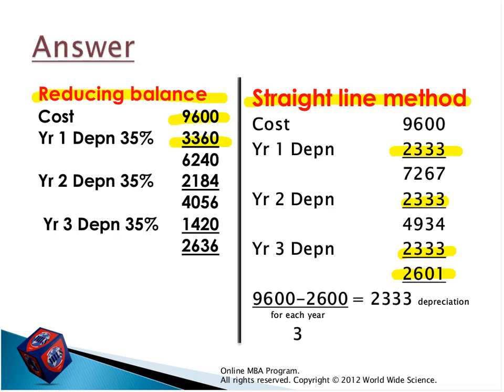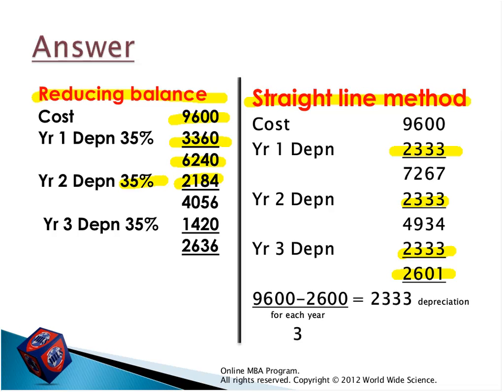Then 9,600 minus 3,360, you'll get 6,240, which is the book value, right? From this amount, you have to make a calculation for the second year depreciation cost, right? 6,240 multiplied by 35%, then you'll get 2,184 of depreciation cost for the second year.